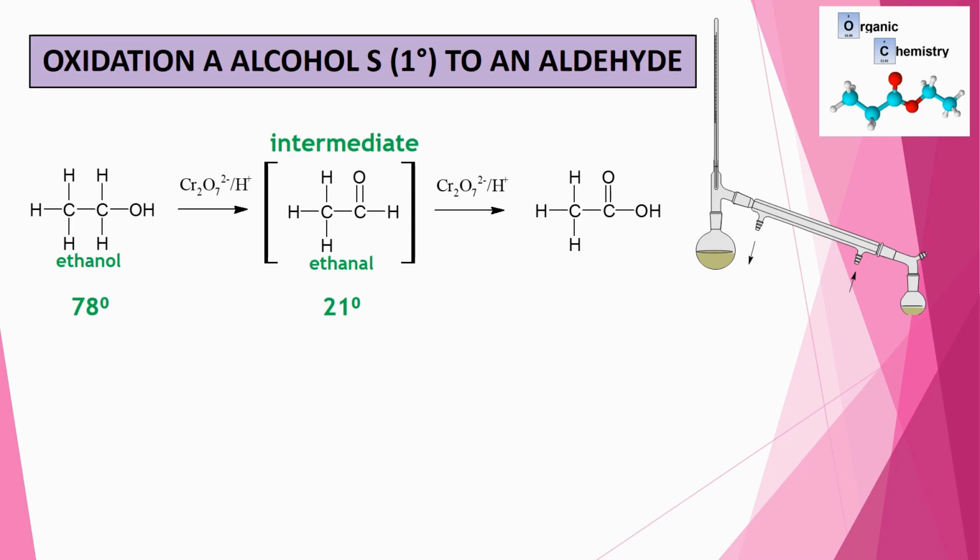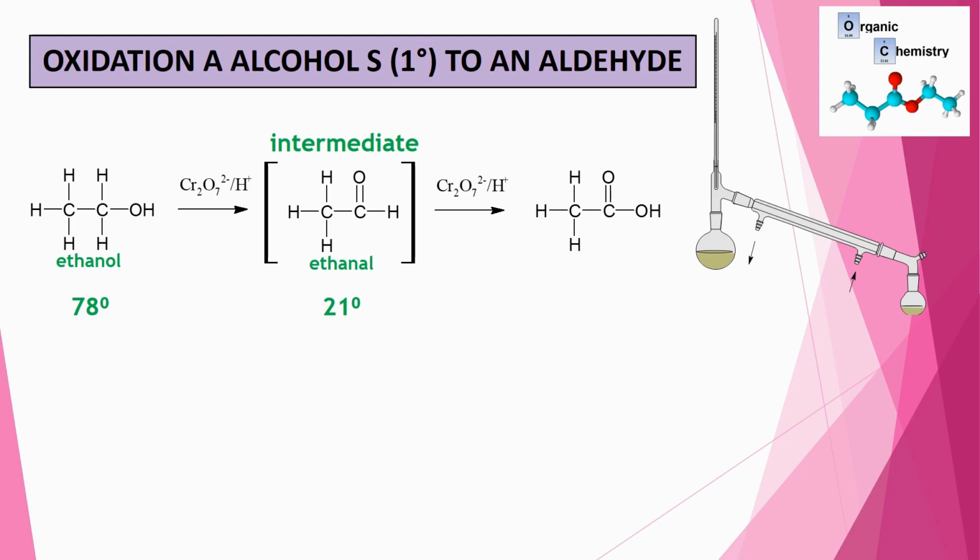So if I heat this mixture to 50, then as soon as an ethanal is made, it's going to become a gas, and it's going to boil off or evaporate off. That gas flows up the neck here and goes down the condenser and is condensed back into our ethanal that's collected as a distillate. So it never had enough time to react with the dichromate to make the ethanoic acid.